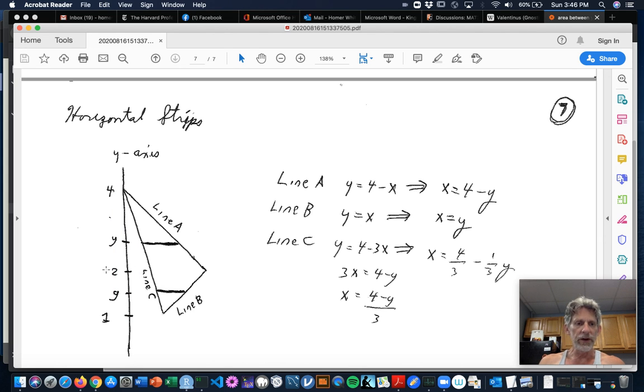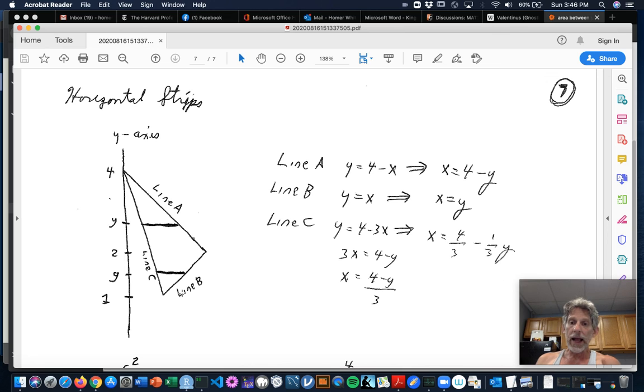Okay. Well, anyway, from 1 to 2, if I take an arbitrary y, then in that horizontal strip, the length of it is the rightmost x given by line B minus the leftmost x given by line C. And those right and leftmost, they need to be given in terms of y.